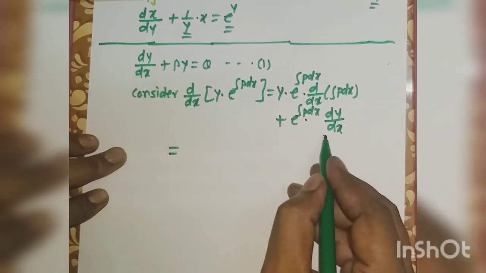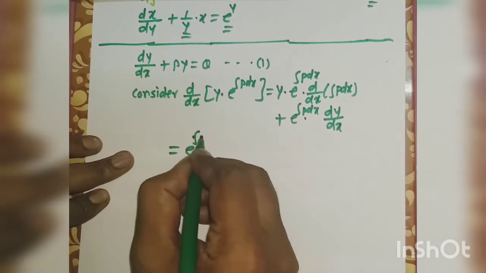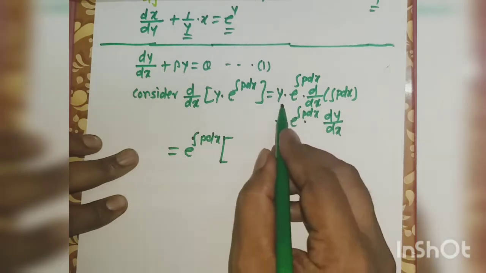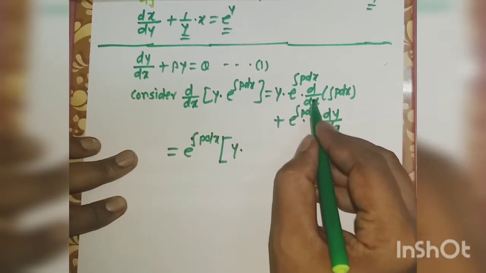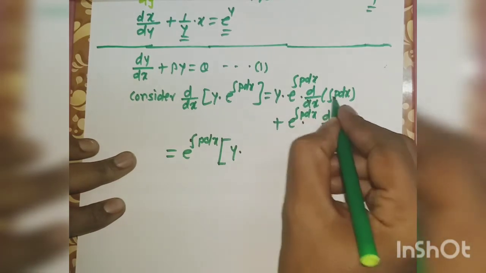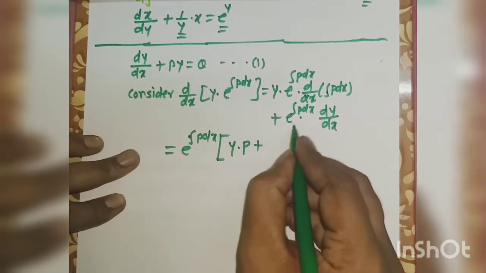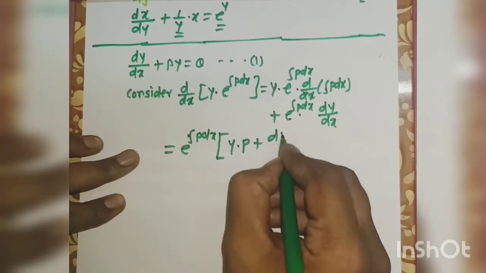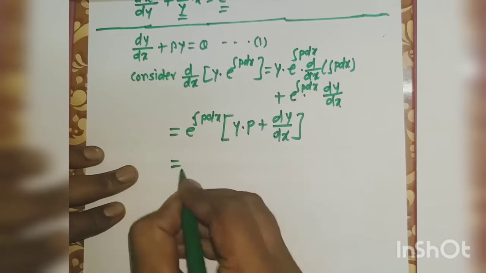In each term e raised to integration p dx is common. Taking it common, the bracket has y into the derivative of the integration of p, where the integration and derivative cancel, leaving only p, plus dy by dx.